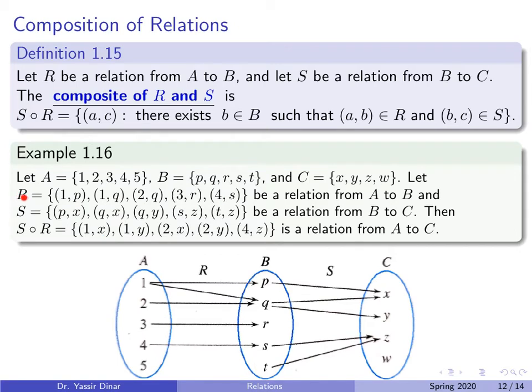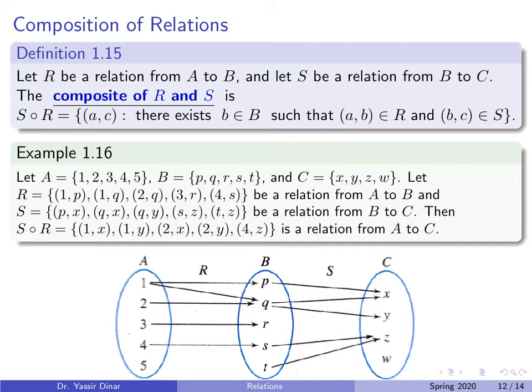Since my relations R and S are finite, I can represent them by using the arrow diagram. So I will use these arrow diagrams to also illustrate how to find the composition of these two relations.